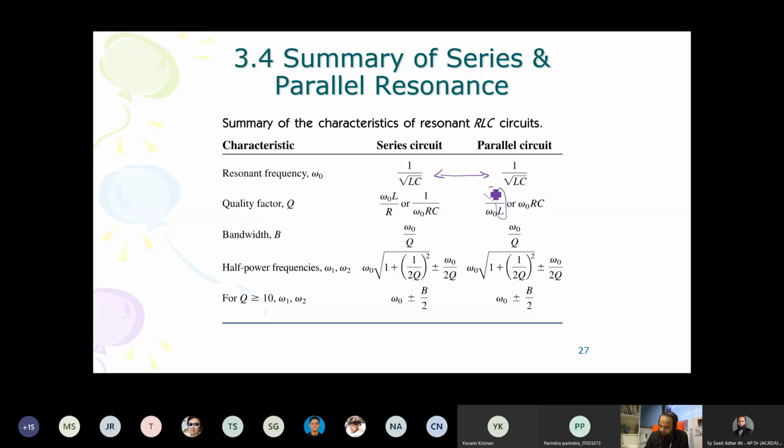The whole thing is reciprocal. And I think this is also the same, 1 upon 2Q squared, omega naught plus minus. So these are the values that, at least right now, I want you to remember. Later on, maybe we'll see if we can give them in the exam or not.